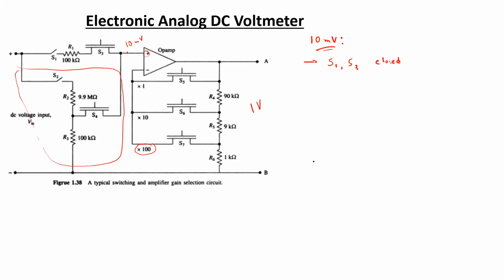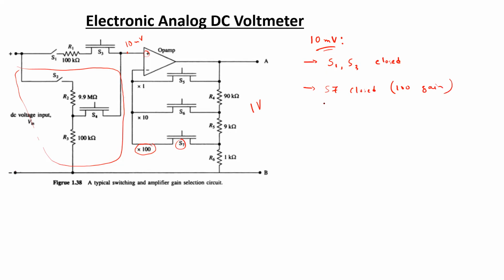How? Because as I have already mentioned, this op-amp circuit is actually going to work as a non-inverting amplifier, and for choosing a gain of 100 we have to close this switch S7. So if we close S7, we're going to get a gain of 100.